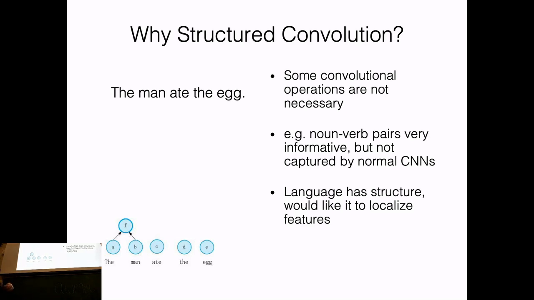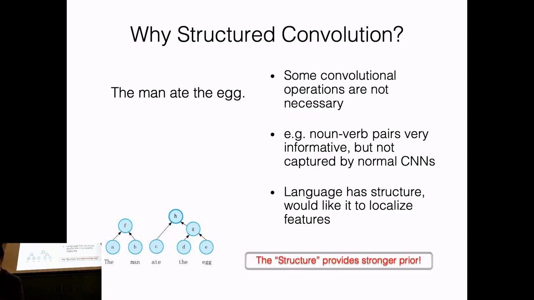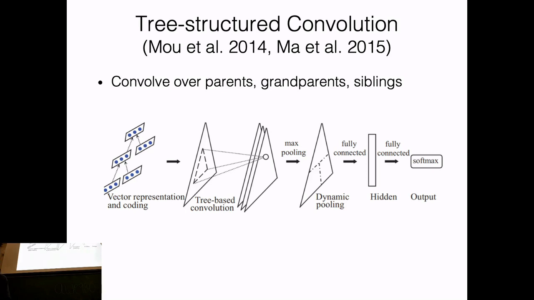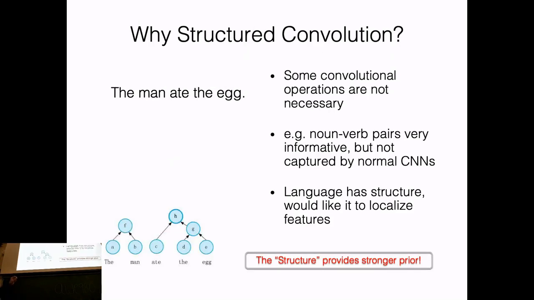You predefine a structure. The structure could be a tree, could be a graph, and then you apply the convolution operation over the whole graph or the whole tree. In one word, the structure could provide a strong prior.